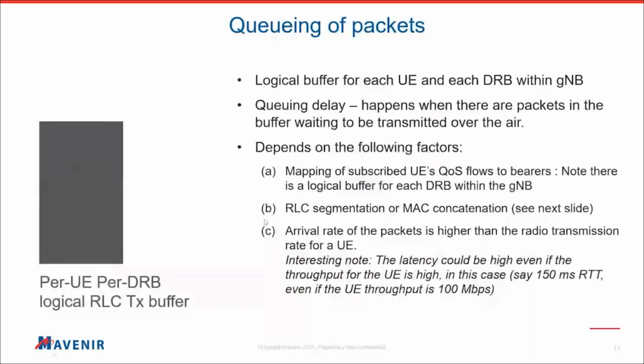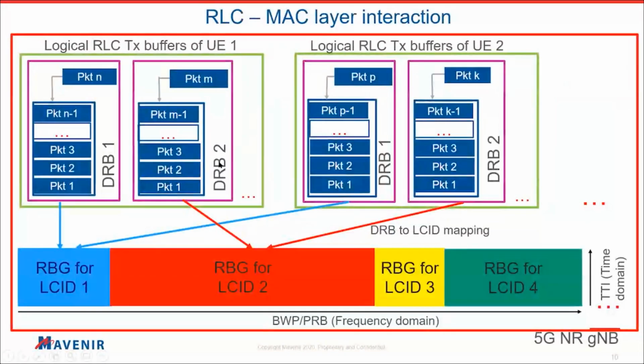Similarly, for data radio bearer 2 across users 1 and 2, the PDUs in these data radio bearers get scheduled onto the resource block group for LCID2. So this is basically how multiplexing is done. PDUs across DRBs, across users, across buffers get multiplexed onto the frequency time resources in this particular manner.